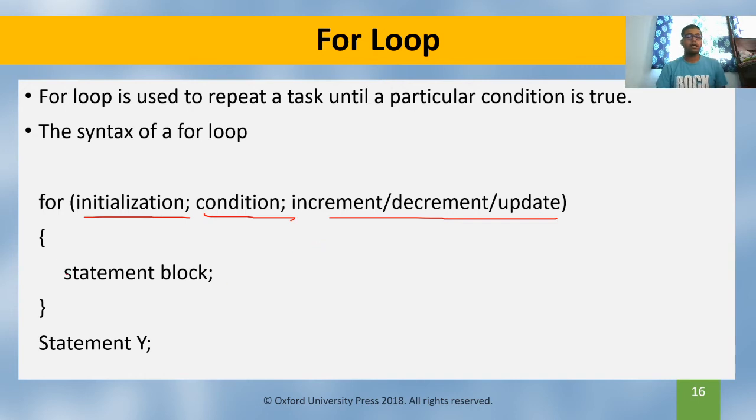Within the braces there will be a statement block, which will be executed, and then the condition will be checked. Then the execution is done again if the condition is met, and if the condition is not met, it goes to statement Y.